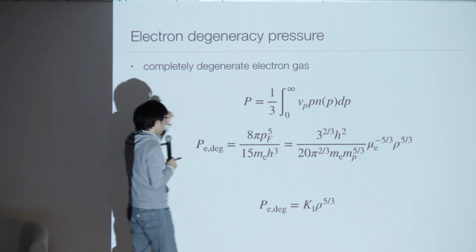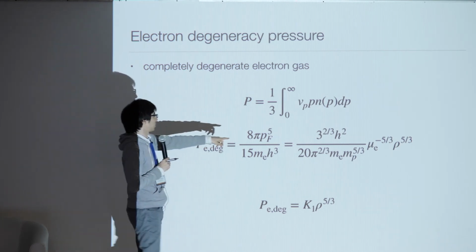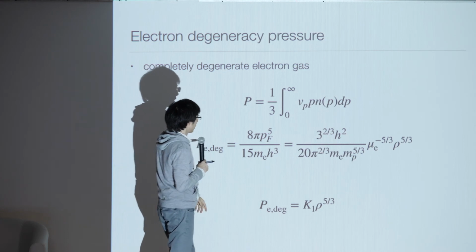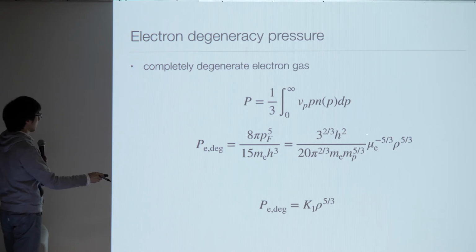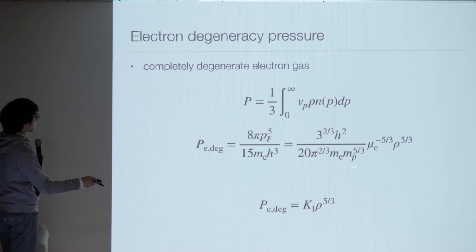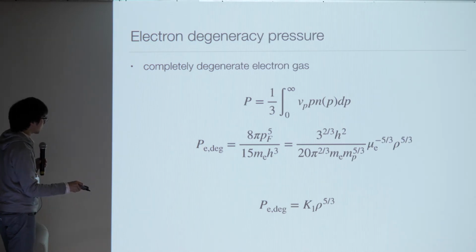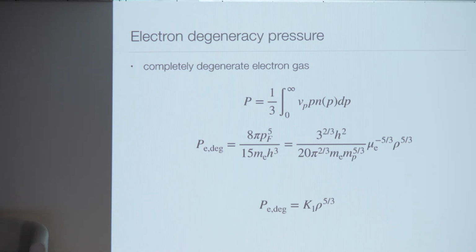If you put everything in, then that will be written in this way, and since those are all constants, assuming some electron mean molecular weight, this electron degeneracy pressure is just proportional to the density, and that is not related to the temperature.